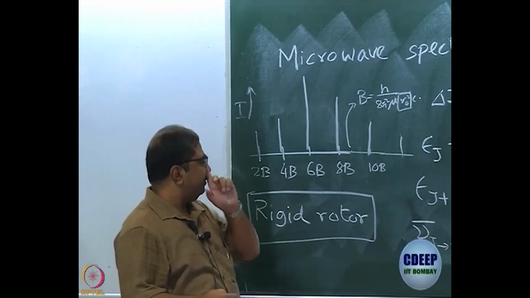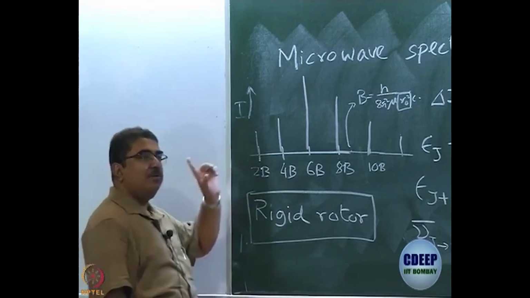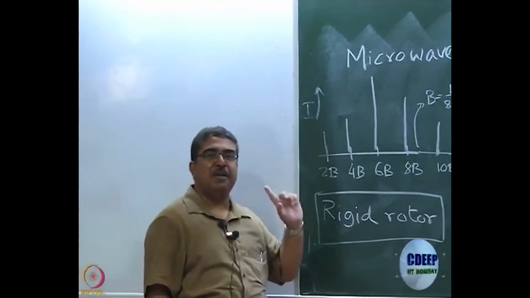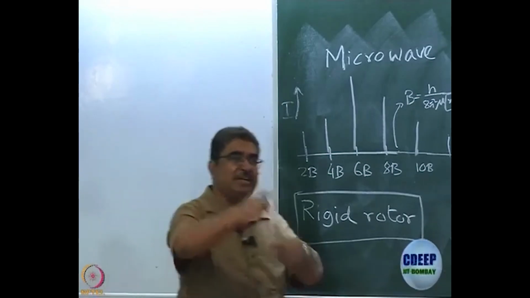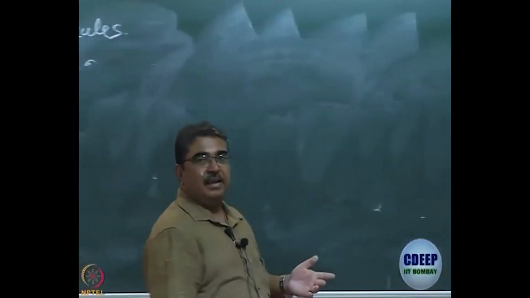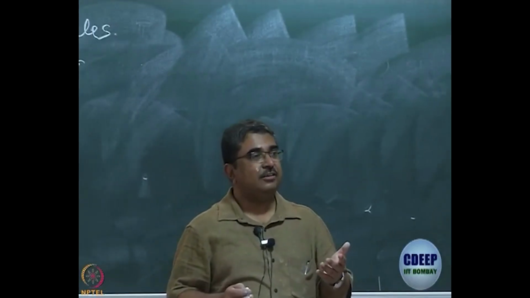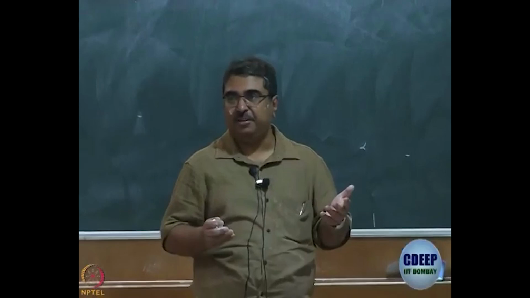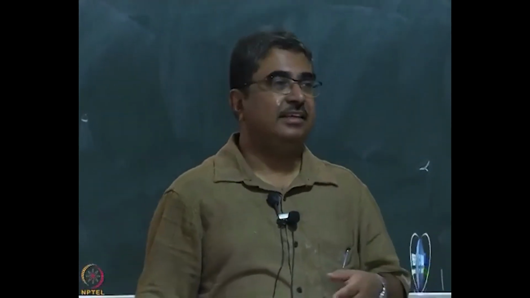Now let us see how the spectrum would be affected by two different factors. First of all, continuing with the discussion that we had a little earlier, suppose I record a microwave spectrum at room temperature and then I record a microwave spectrum of the same molecule at, say, 500 degrees centigrade.